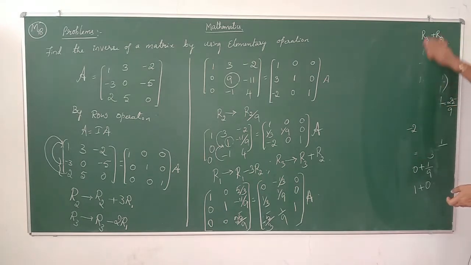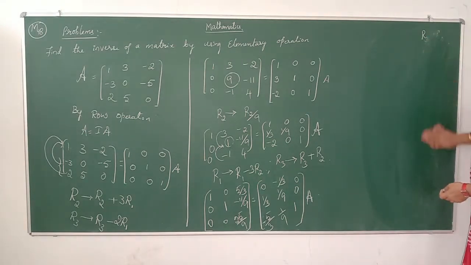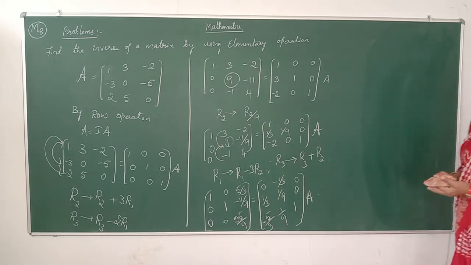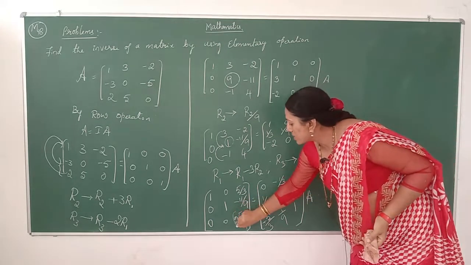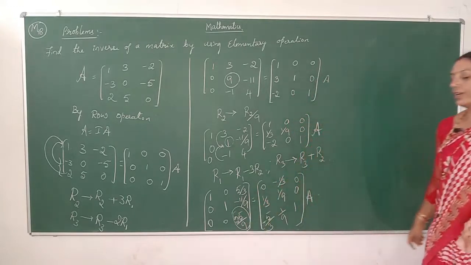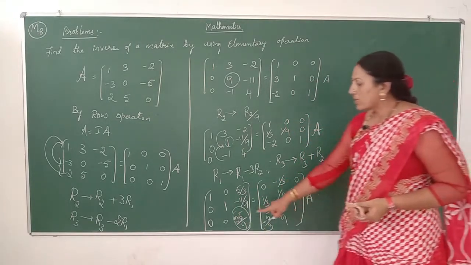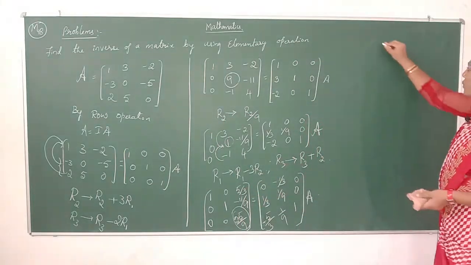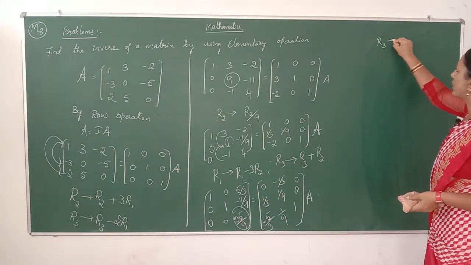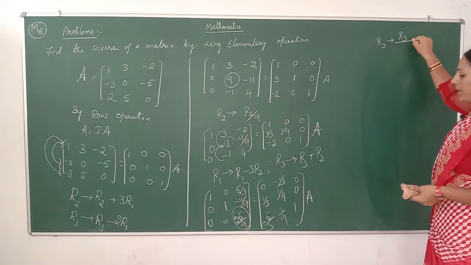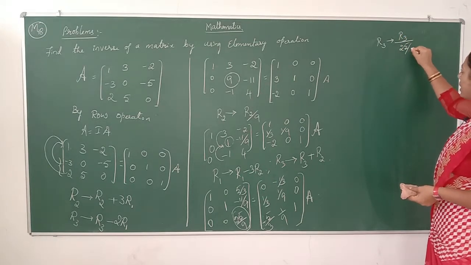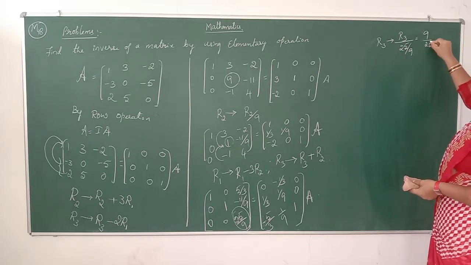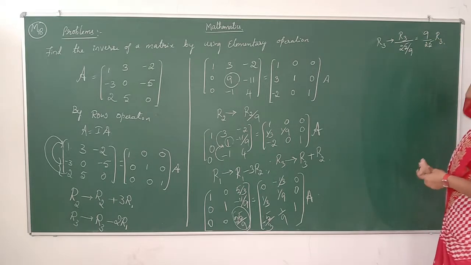So these are the elements of R3 after the elementary transformation operation. Then next we'll consider the third element, which is 25 divided by 9. According to the identity element, it should again be 1. Therefore R3 can be changed to R3 divided by 25 by 9, otherwise it can also be written as 9 by 25 of R3.